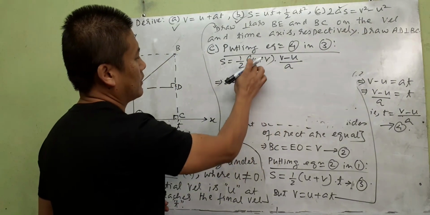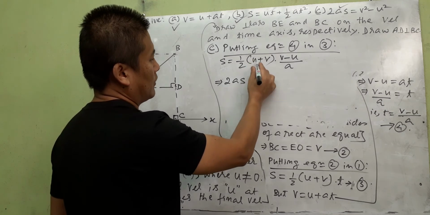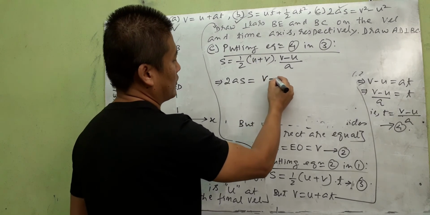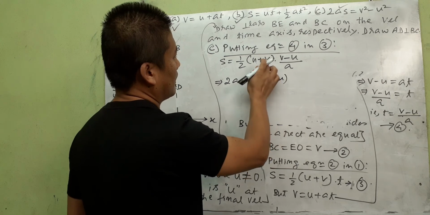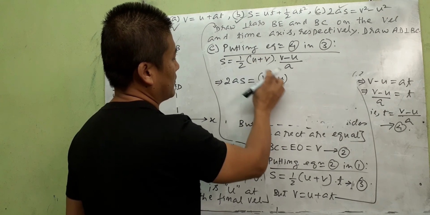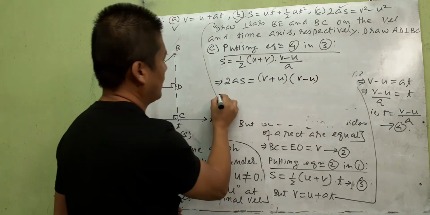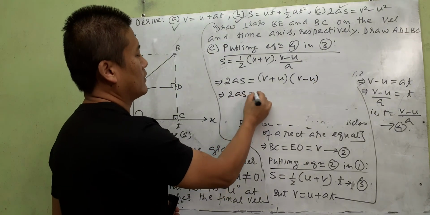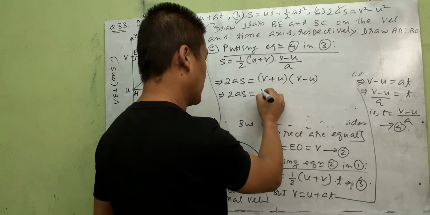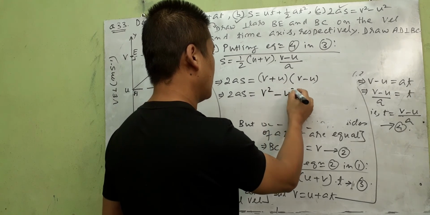Then you're left with U plus V into V minus U. So finally we get 2AS equal to (a plus b) into (a minus b), which we can write as a squared minus b squared, that is, V squared minus U squared.